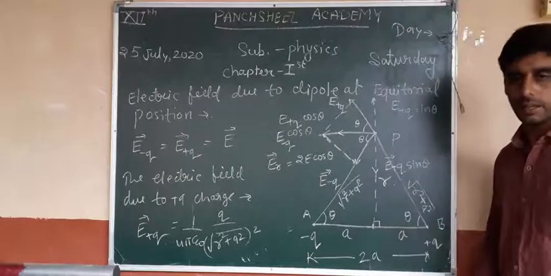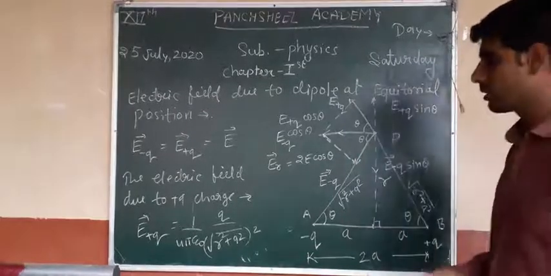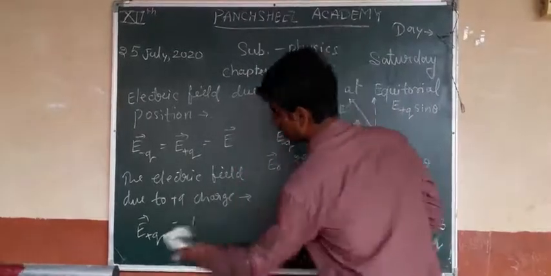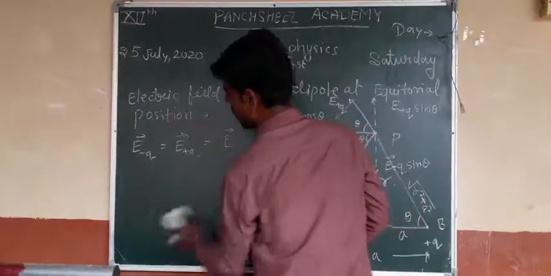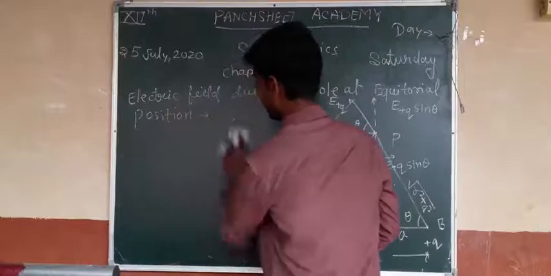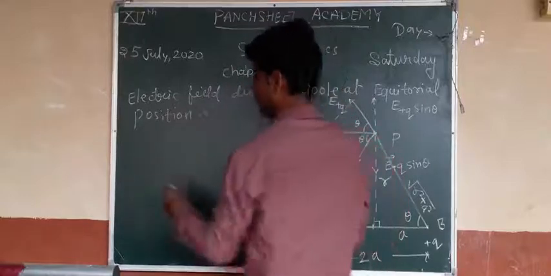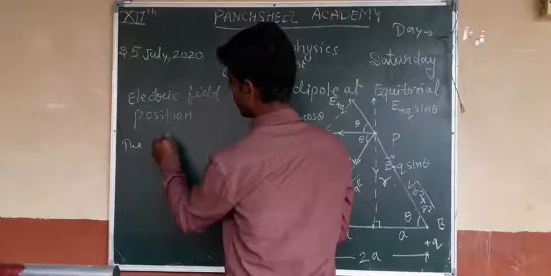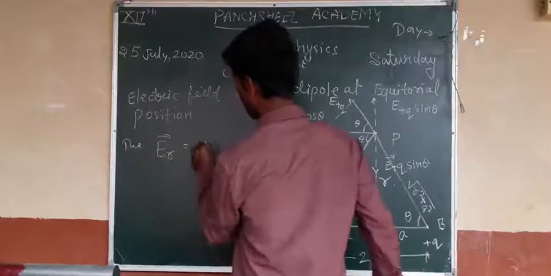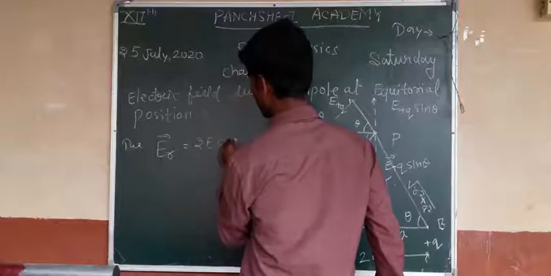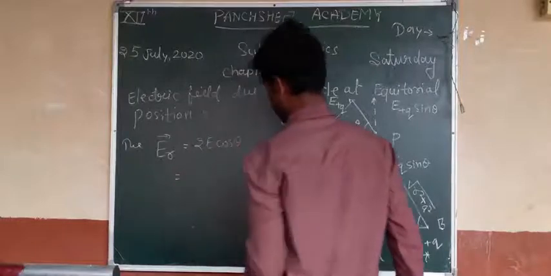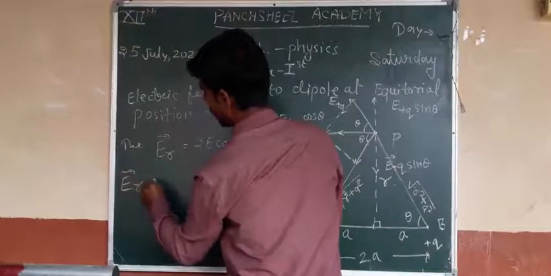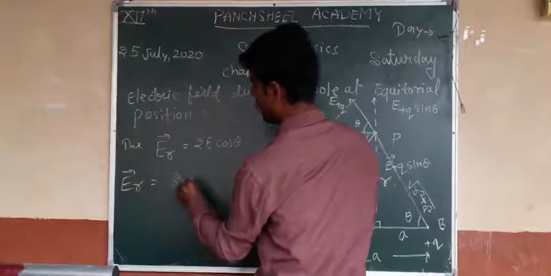Okay, and further what is the direction? So we can easily find. Now the resultant electric field, that is ER, equal to 2E cos theta. So ER equal to 2E.